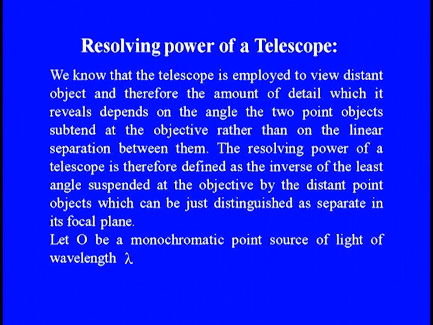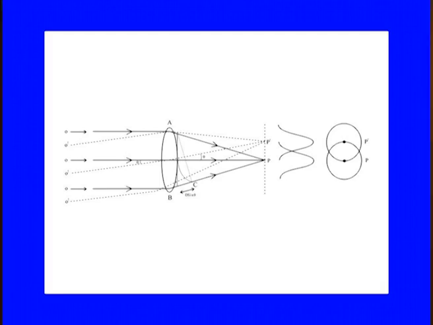Let O be a monochromatic point source of light of wavelength lambda, situated at a great distance from the telescope objective AB as shown in this figure. A beam of parallel rays from this object is incident normally on the objective.